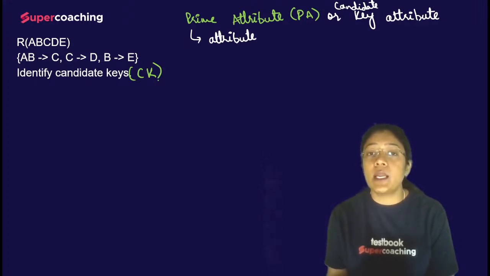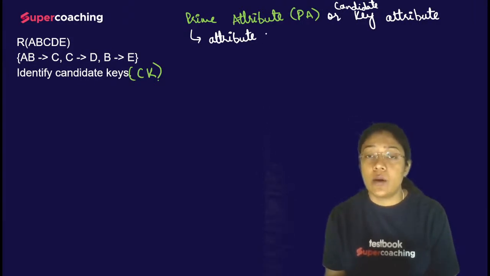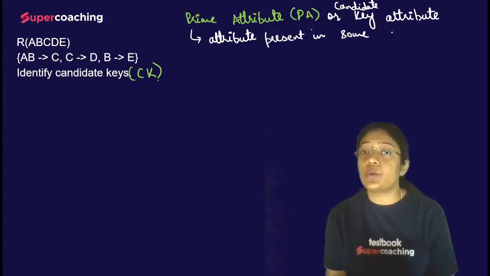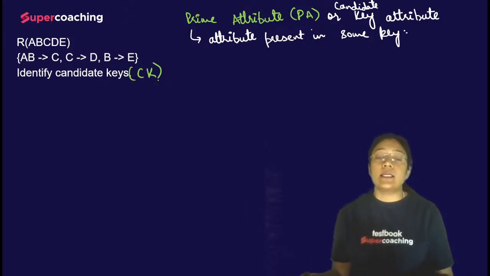Now this is the attribute. नाम से समझ में आ रहा है, किसी भी key में अगर attribute present है, then that will be known as the prime attribute. So attribute present in some key, सारी keys में होना जरूरी नहीं है, किसी भी key में अगर available है, that is known as the candidate key attribute.